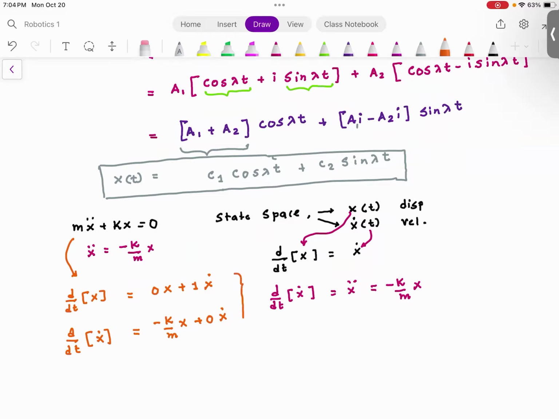And I want you to confirm what I've done is correct. So I have an equation m x double dot plus k x is equal to 0. That is the second order ordinary differential equation. I'm representing it as a set of two.